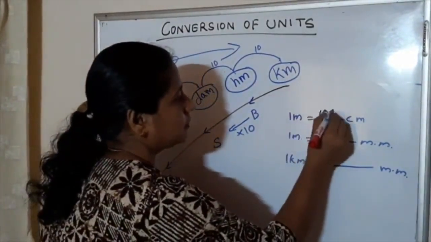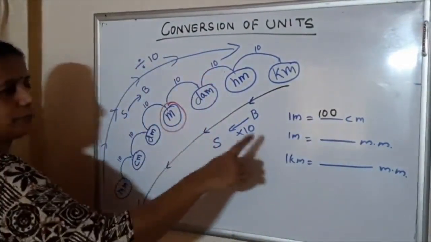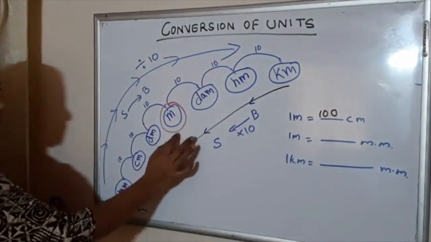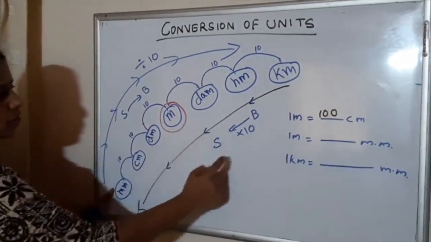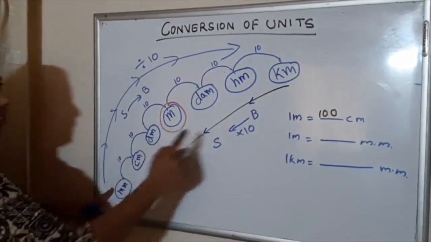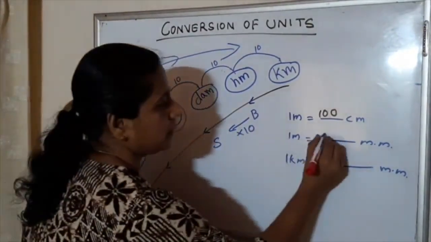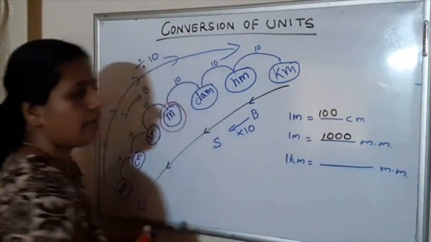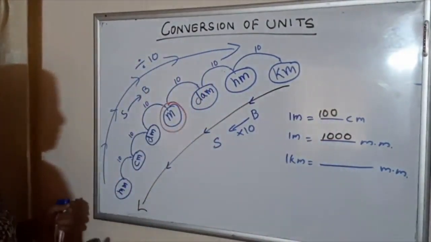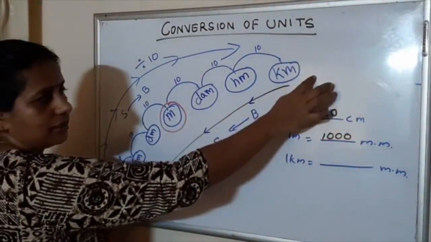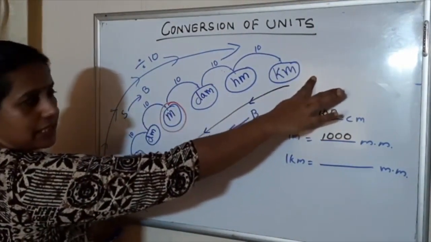Okay. Similarly, 1 meter is equal to dash millimeter. Meter is here, millimeter is here. So, big to small, 10 into 10 into 10, that is equal to 1000 millimeter. Next one, 1 kilometer is equal to dash millimeter. Okay, kilometer is here and millimeter is here.